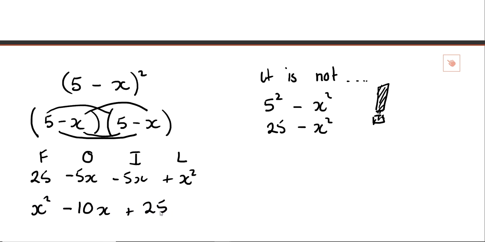Okie doke. So now you've got lots to do. Starting on page 143, you've got exercise 7F. Question 1, question 2, question 3.